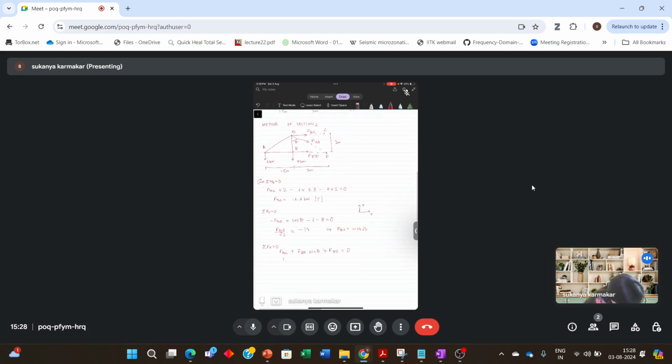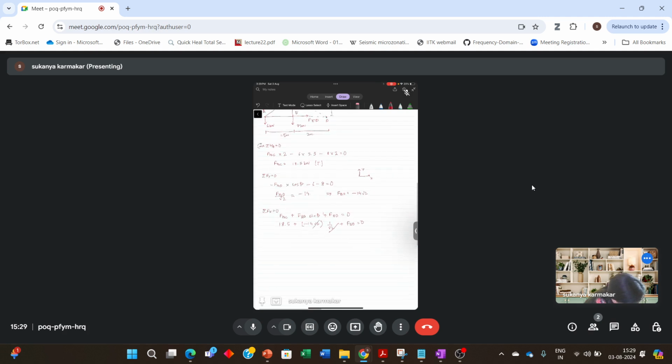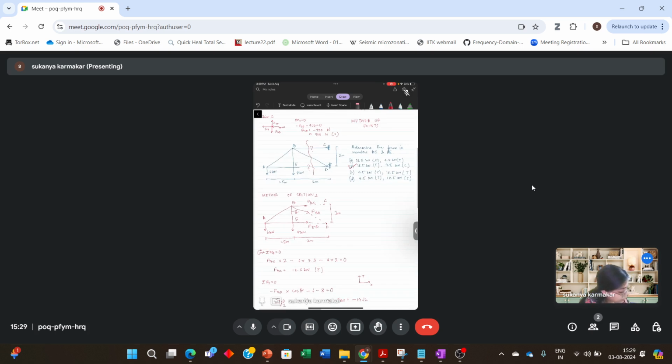FBC is 18.5, FBD is minus 14 root 2 into 1 by root 2, plus FDE is equal to 0. So FDE is minus 4.5 kilonewton, or 4.5 kilonewton compressive. So this is the correct option.